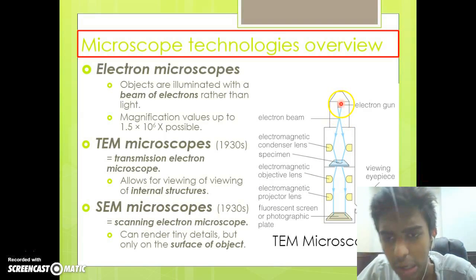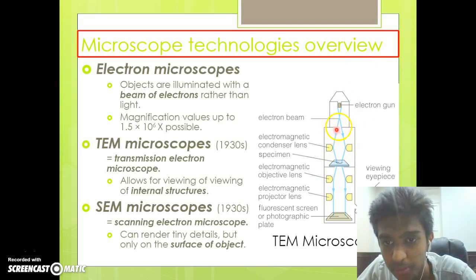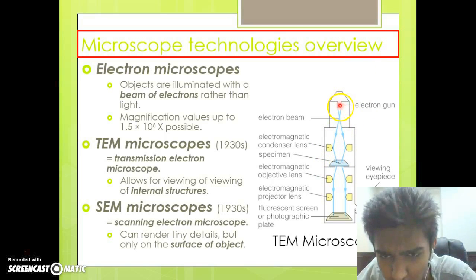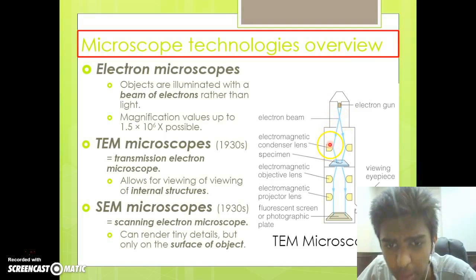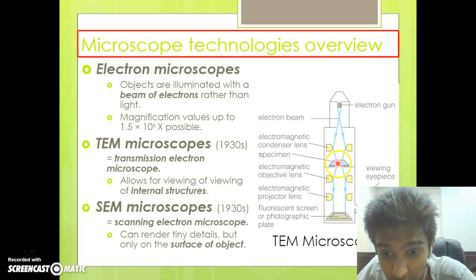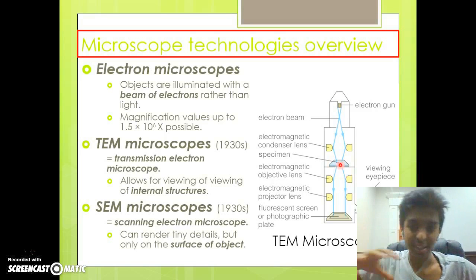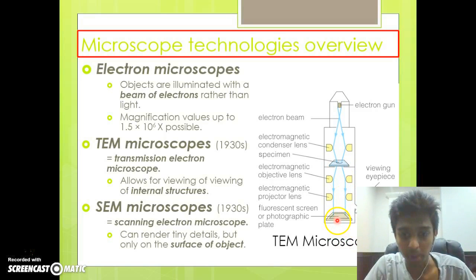So this is essentially how an electron microscope works. This transmission electron microscope has an electron gun which shoots out the electron beam, right? And there's condenser lenses to magnify the object further, and the object rests right there. The electrons which bounce off, and the different scattering of bounces, are collected on the fluorescent screen or the photographic plate.